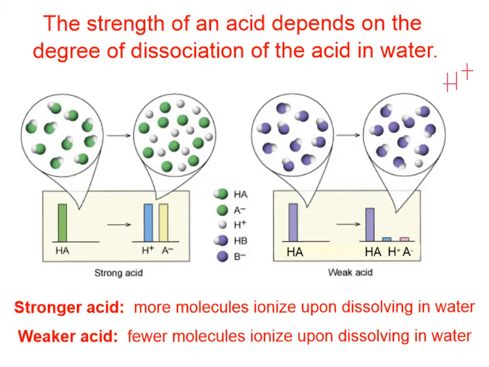So when we talk about strengths of acid, a really strong acid is going to dissociate almost entirely. And here we are representing an acid by H, and then A would be whatever acid it is. It could be a chloride, a bromide ion here. It could be a polyatomic group of ions like a nitrate or a phosphate group.